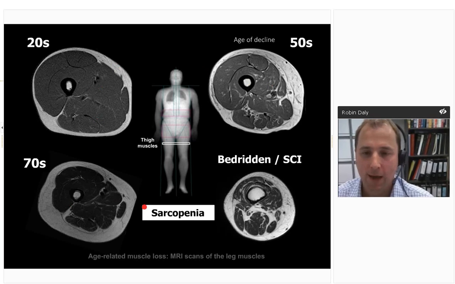And by the time you get to 70, or if you're bedridden for a certain period of time, or you've got a spinal cord injury, you can see you lose substantial amounts of muscle. But in addition, you get this fat infiltrated within the muscle itself. And so it's like a good quality steak where you get a nice lining of fat, which might taste good from a food point of view, but for your health and well-being, it's really quite detrimental.